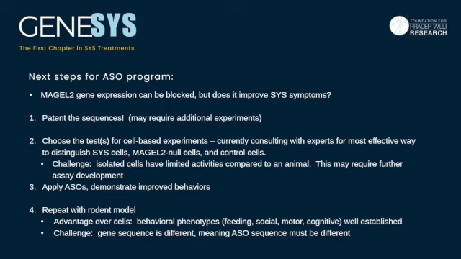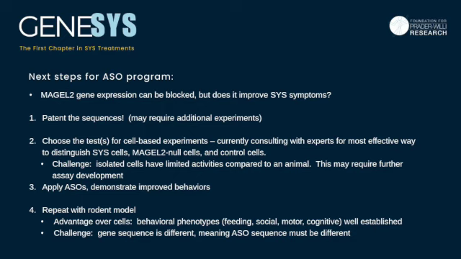And so these are all things that cells don't do on their own. So when we treat these mice or rats with the ASOs, we'll be able to make more measurements to look at a difference. Essentially, you're turning a rat with a truncated MAGEL2 into a rat with no MAGEL2. And so those are the things you have to be able to distinguish.